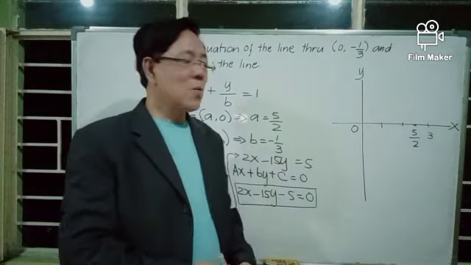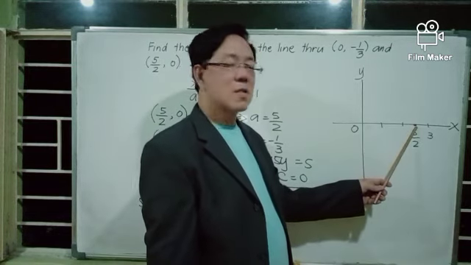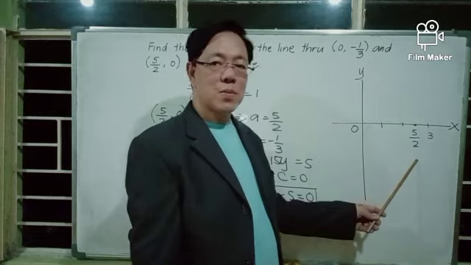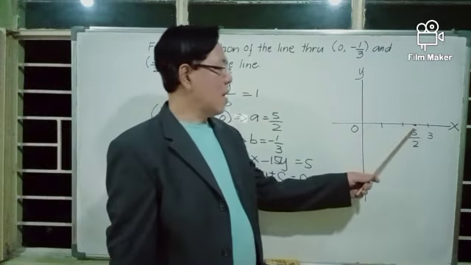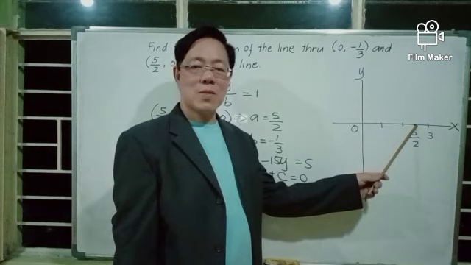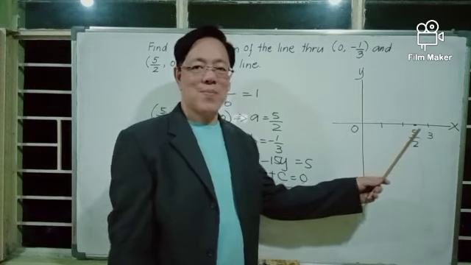I have used a 1 unit interval. This is 1, 2, 3, and this is 5/2. This is the x-intercept. The line will pass through this point on the x-axis, and it's called the x-intercept.